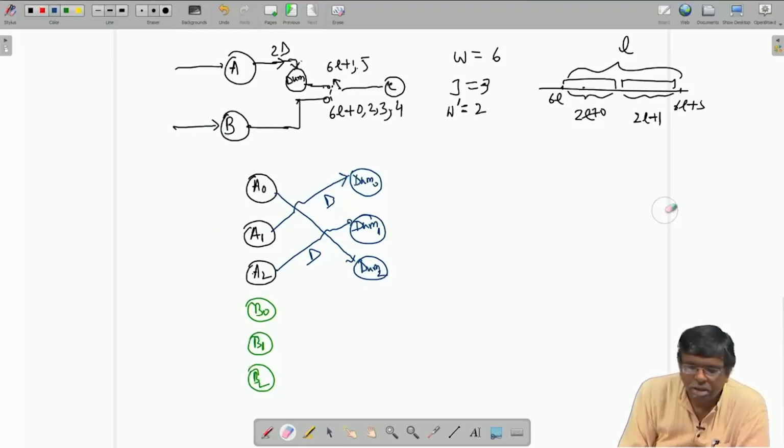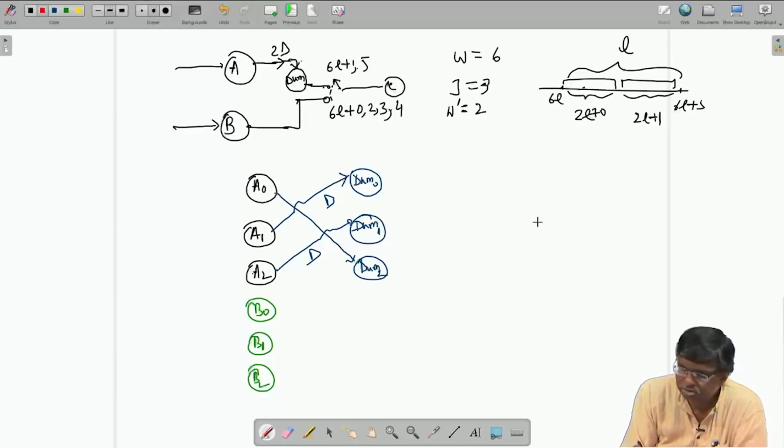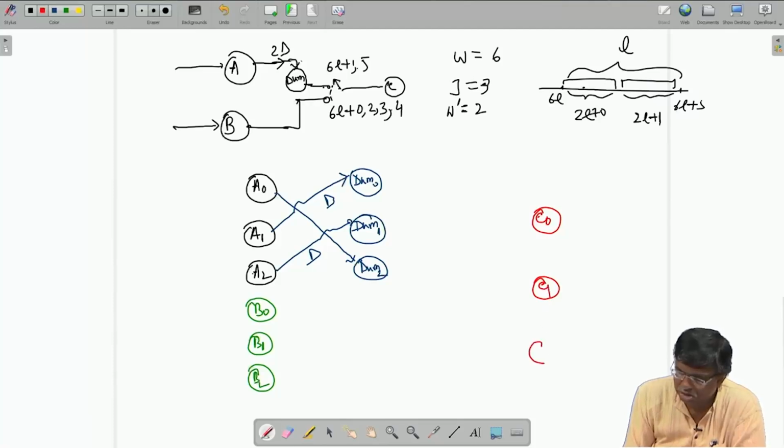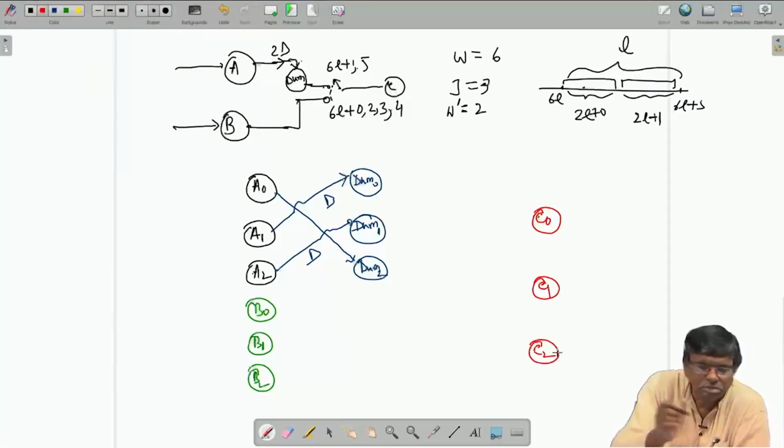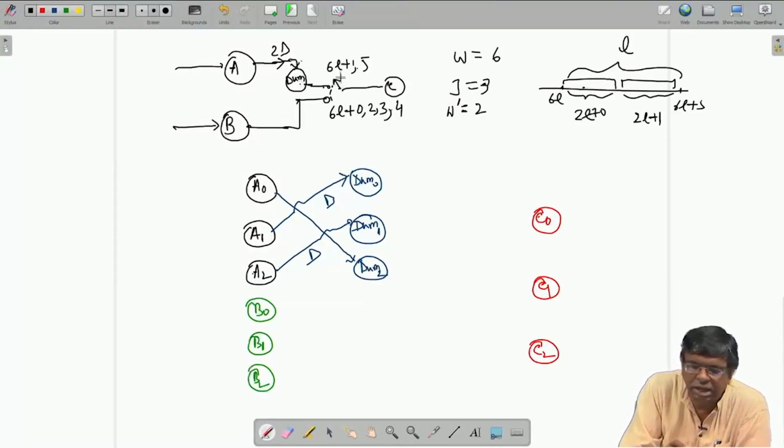All right. Now, consider DUM to C. C also will be copied 3 times: C0, C1, C2. All right. Now, consider 6L plus 1. This edge between DUM and C is closing at 6L plus 1 and 6L plus 5.